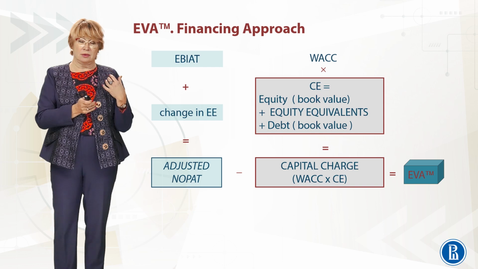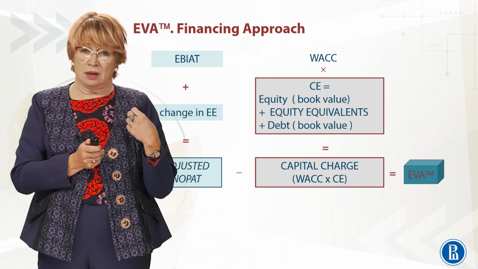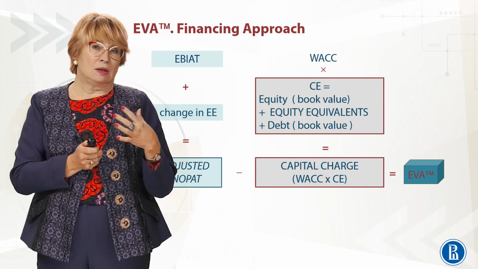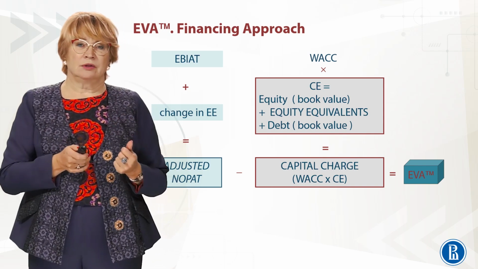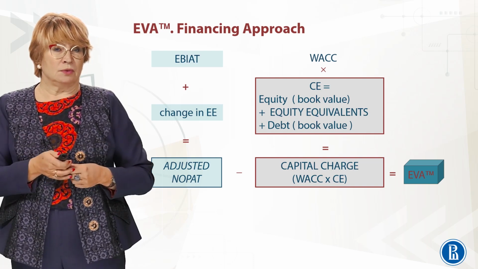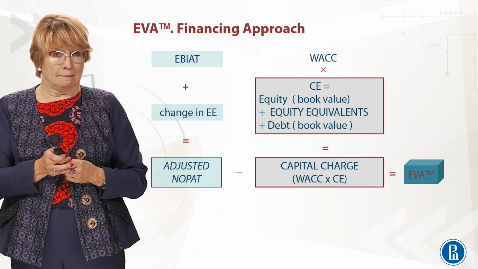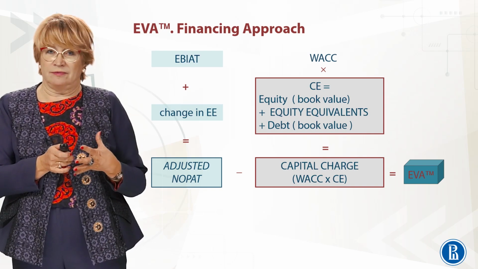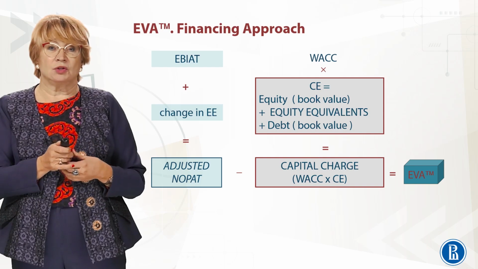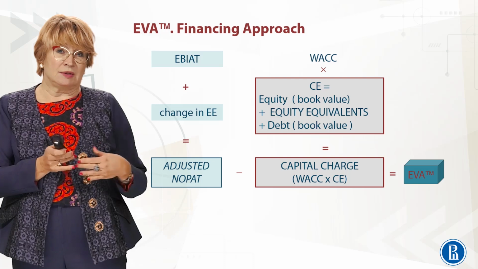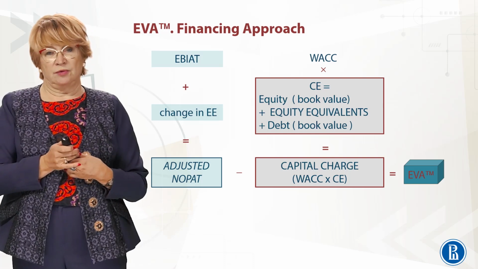I would like to remind you that the change can also be negative, because for the current year maybe you will get a lower amount of strategic expenses capitalized to the asset side of the balance sheet. Then you will formally subtract this change in equity equivalents.